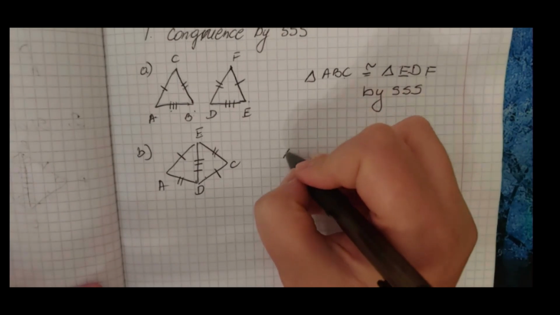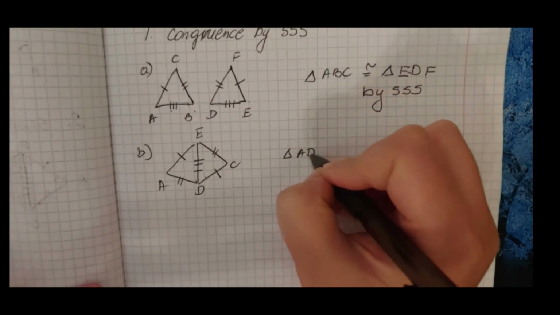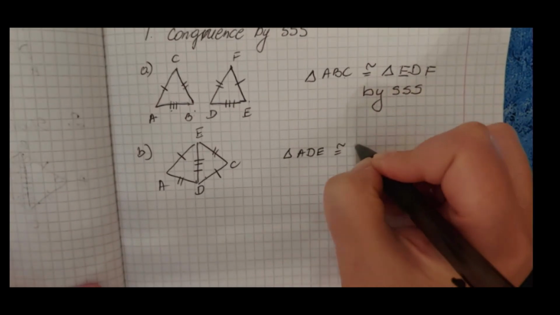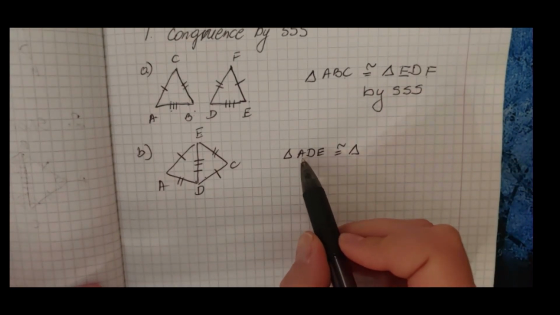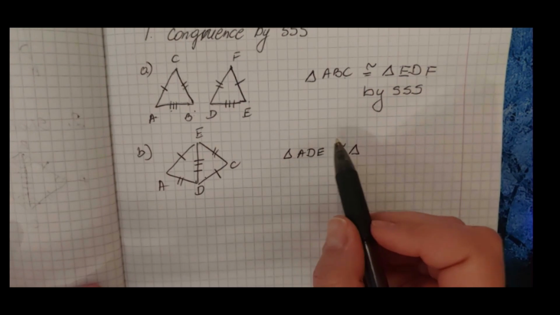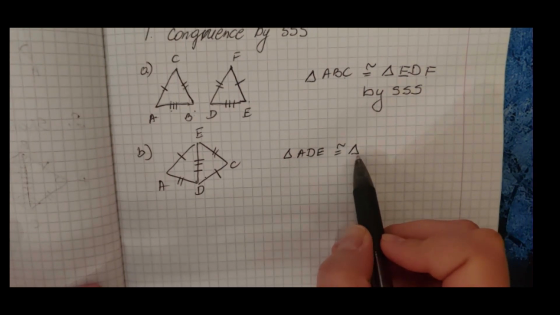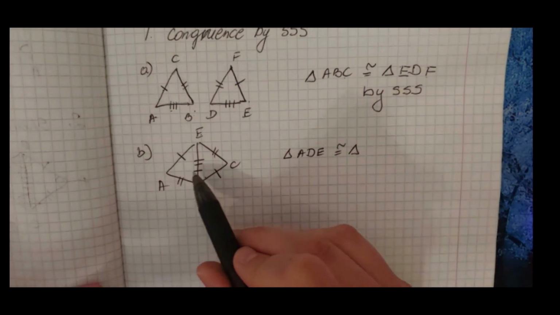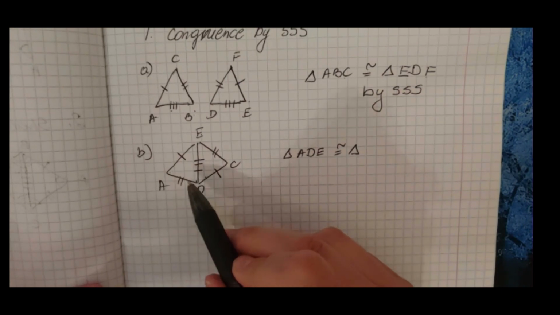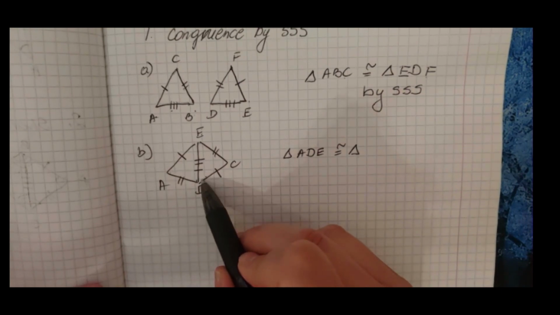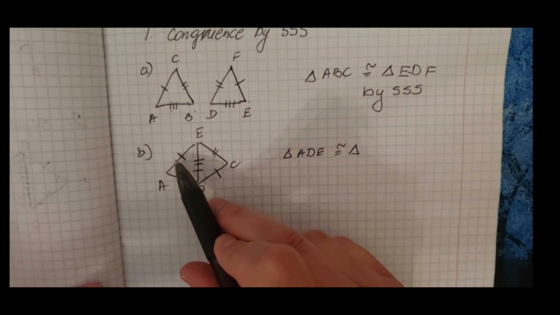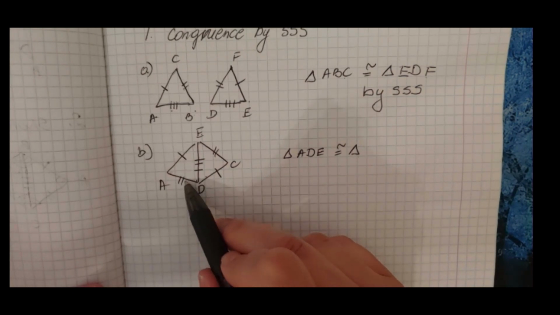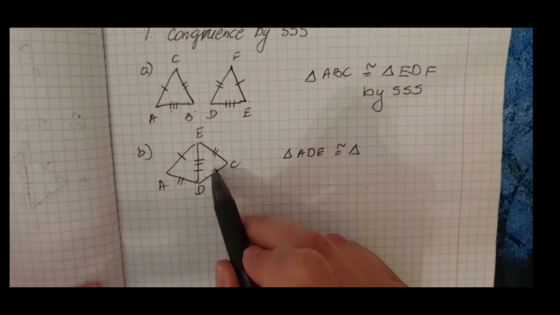So I can write triangle ADE is congruent to triangle... For this one you can start whatever you want, you can call it whatever you feel like, but the second one has to follow using the markings. If I start from A and I go to D, I need to find the angle that is between sides 1 and 2. That will be angle C, right?